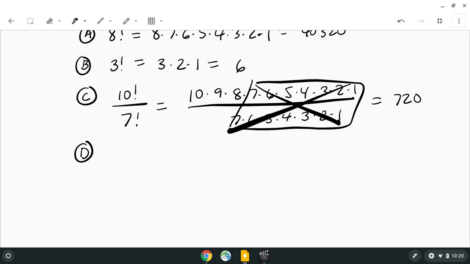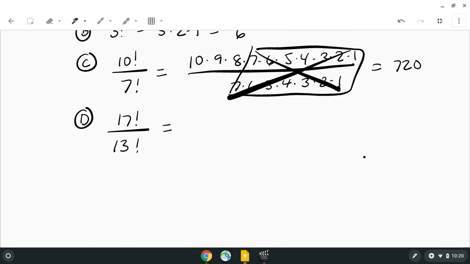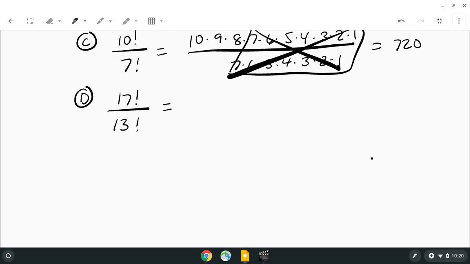So why don't you try this one, see if you can do all the canceling. 17 factorial over 13 factorial, and then do the simple multiplication at the end. Okay, so go ahead and hit the pause button.